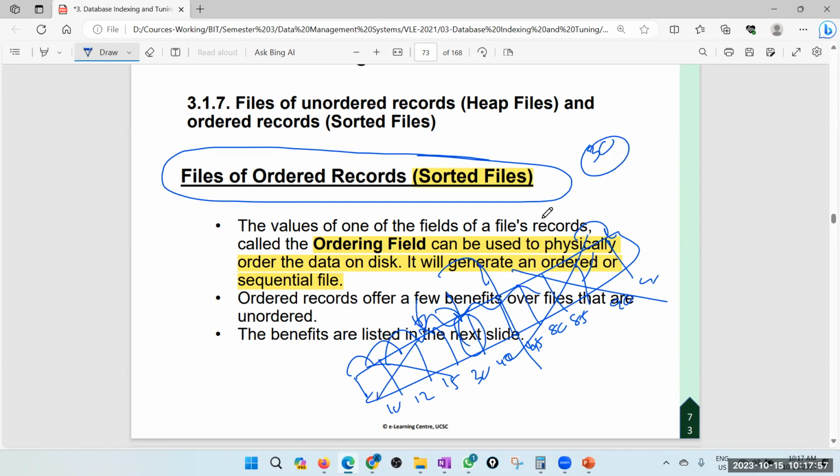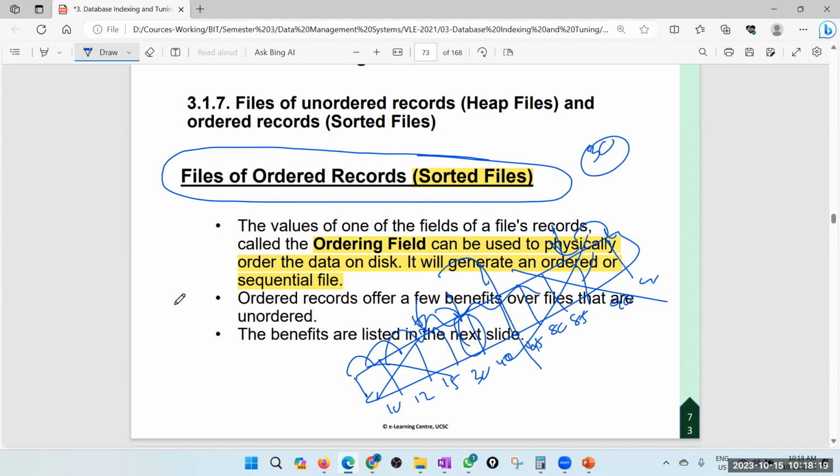Maybe within 10 searches you get the record, or you find that the record is not there. If there are no other records left to halve, that means what you are looking for is not in the table or file. But this is much faster, right?